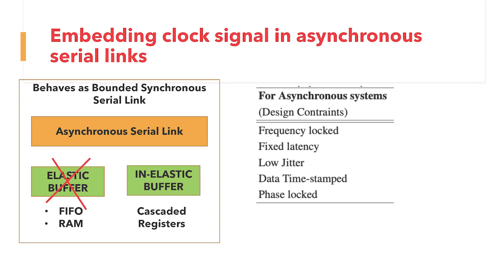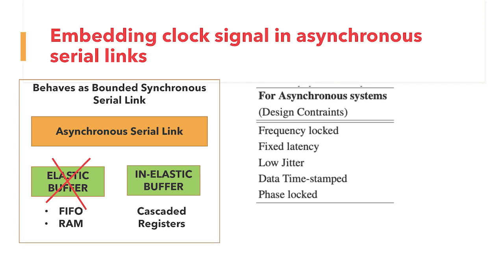So what they have done is replace the elastic buffer with an inelastic buffer. What is an elastic buffer? An elastic buffer is like a FIFO, first in, first out. Then RAM, random access memory. Then there is dual port RAM.